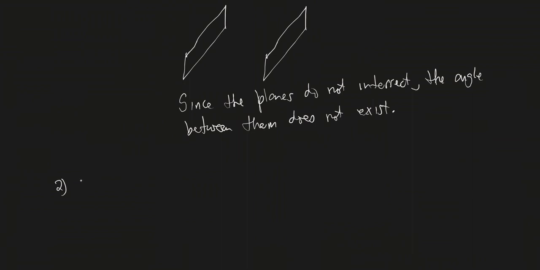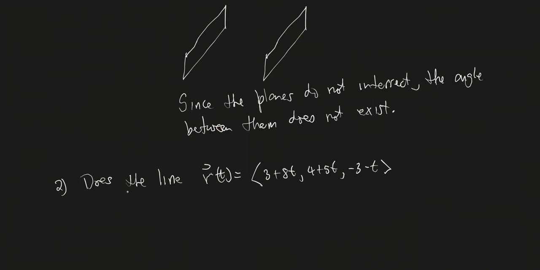So does the line, let me write it in our standard vector form, the line 3 plus 8t, comma, 4 plus 5t, comma, negative 3 minus t, intersect this plane? x minus 3y plus 5z is equal to 12, right?